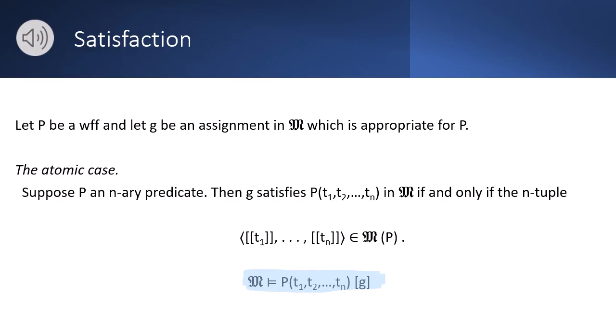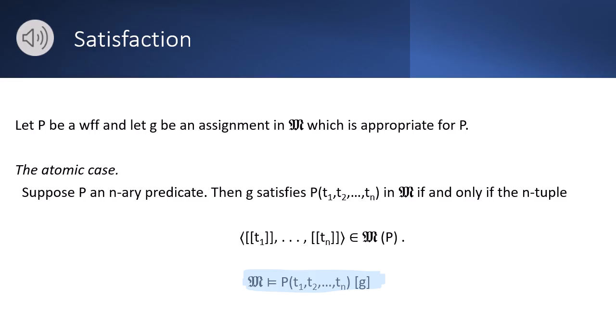We'll say that the well-formed formula P of T1 through Tn, so this is plugging in terms T1 through Tn into P, is satisfied, or G satisfies that well-formed formula in our structure M, if and only if the n-tuple consisting of the values of the terms T1 through Tn, either by the structure M when they're constants or by the variable assignment G when they're variables, is an element of the output of P for this given first order structure.